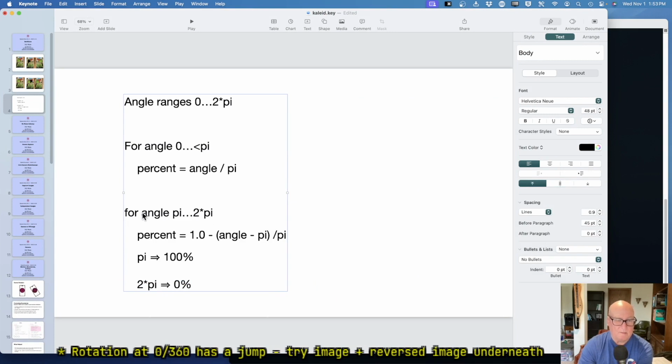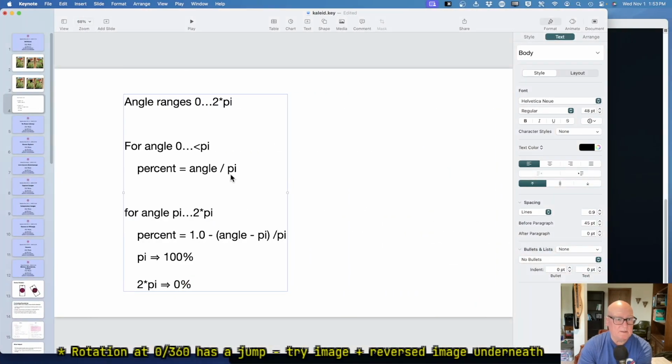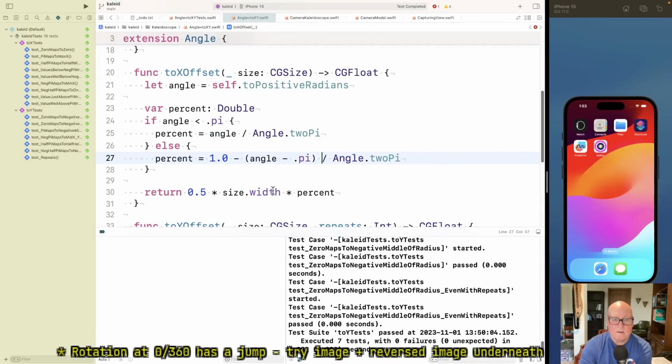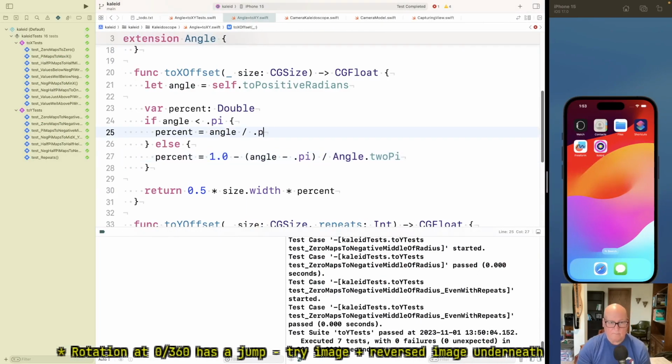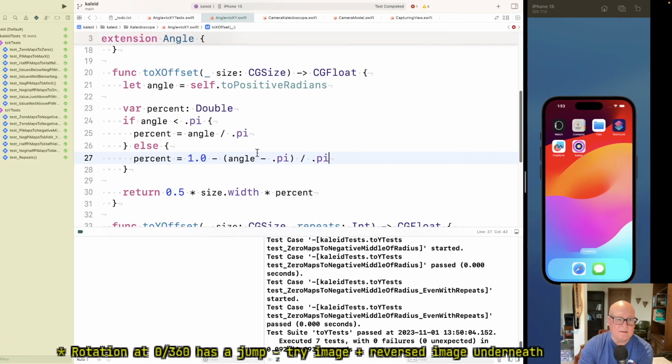Angle minus pi over pi. Oh, that should be pi too, right? 0 to pi. That's in effect my divide by 2. Okay. I feel like some algebra might make this work differently.